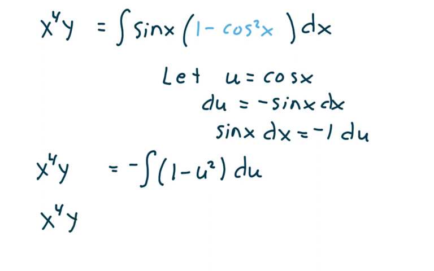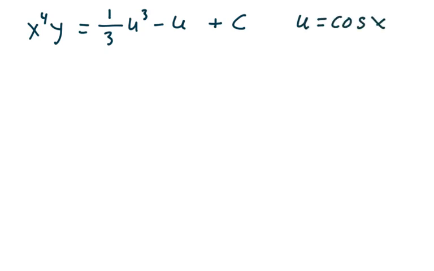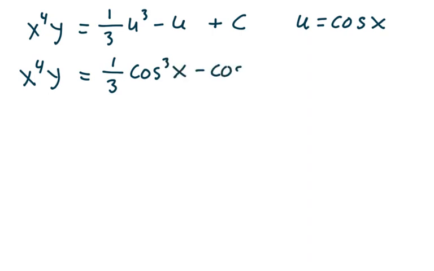So x to the fourth times y is the integral of u squared minus 1 du. So x to the fourth times y is 1/3 u cubed minus u plus c. But u is cosine x. And so x to the fourth times y is 1/3 cosine cubed x minus cosine x plus c.